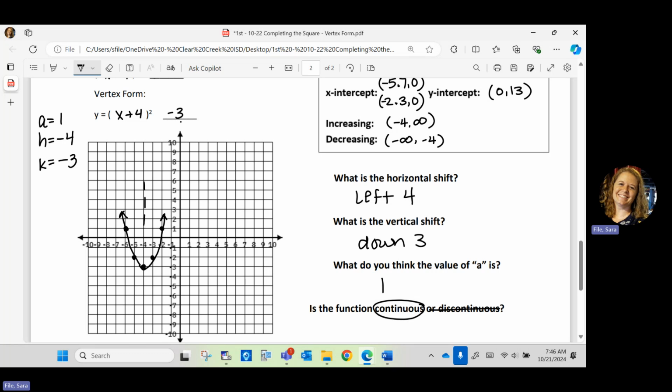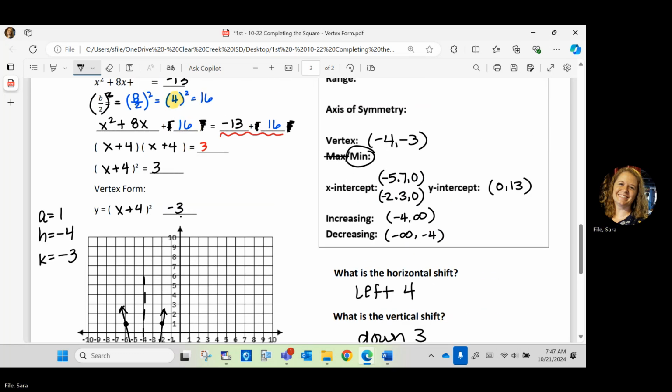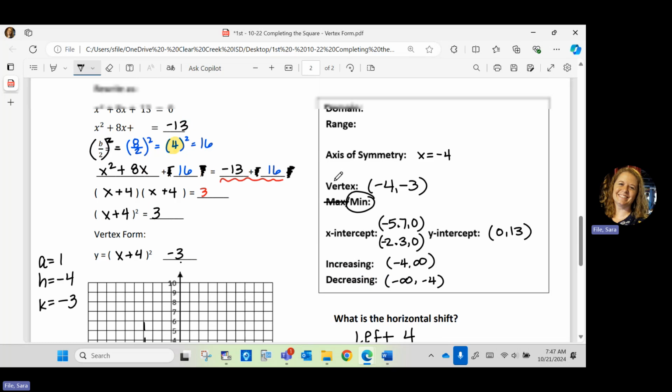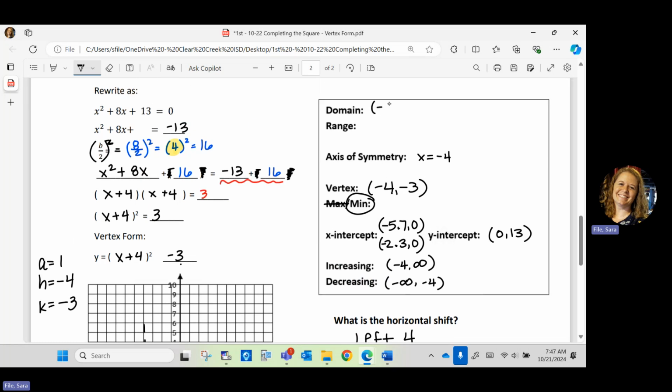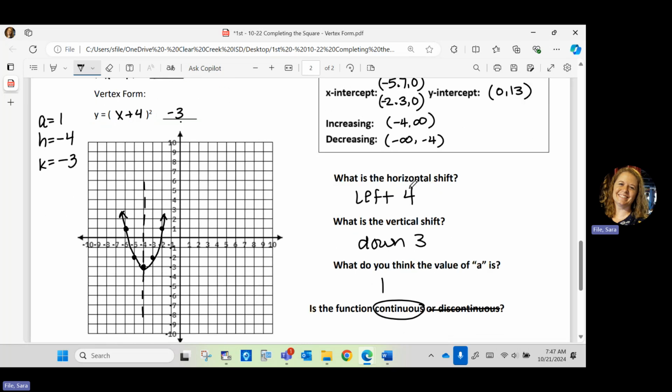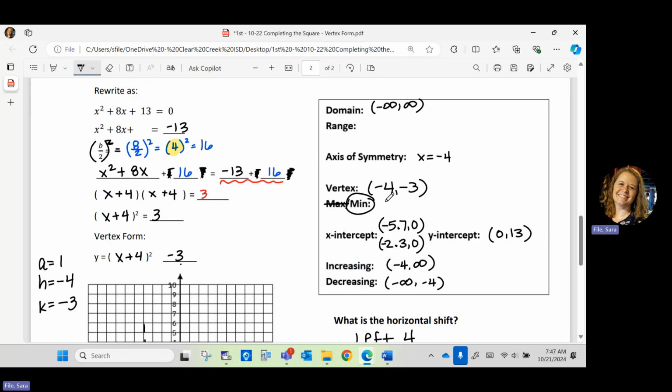That's at x equals what? X equals -4, good. My domain for all quadratics is always all reals. Now what's the range here? How low to how high does this graph go? Your K value is your low. So -3 to infinity.